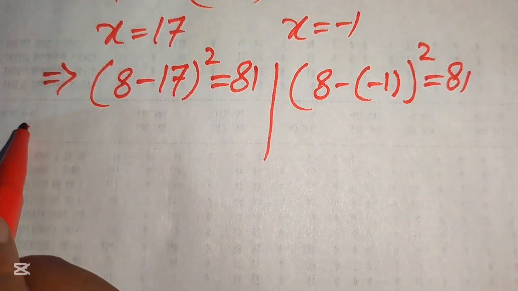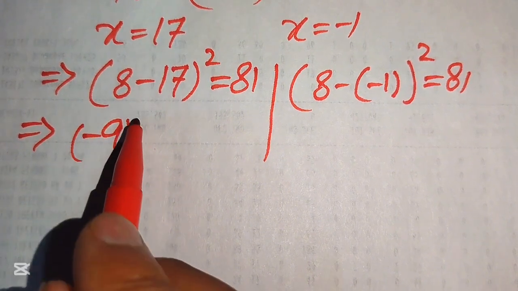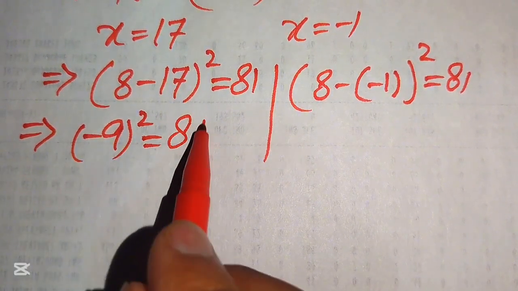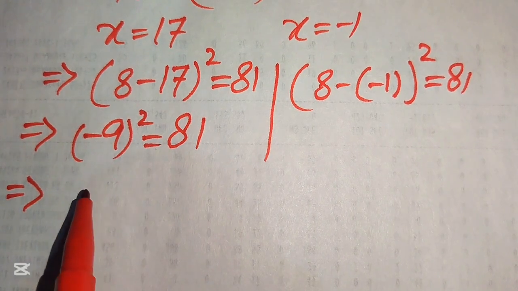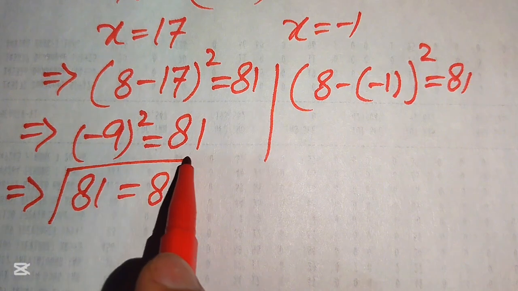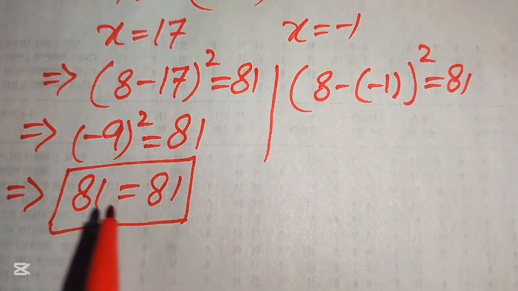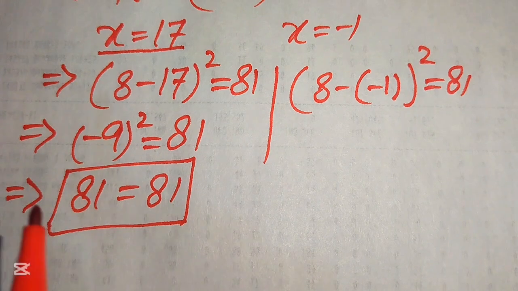And now further in the next step, we have 8 minus 17 is equals to minus 9 square is equals to 81. And minus 9 square becomes 81 equals to 81. So this shows that the value of x equals to 17 satisfies our given question statement.